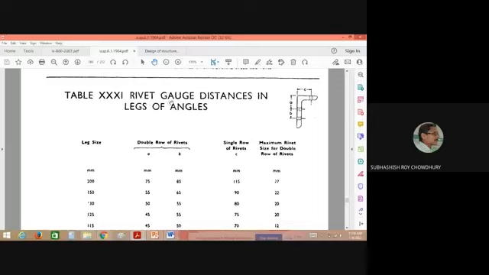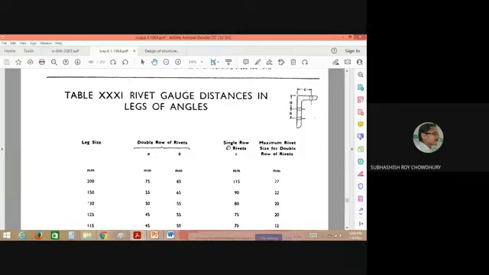This is the rivet gauge distance in the legs of the angle. For example, say this is the angle section. Now when you do the riveting, or you put the bolts, there are specific locations of the bolt line or rivet line. If you want to provide a single bolt, what will be the distance?